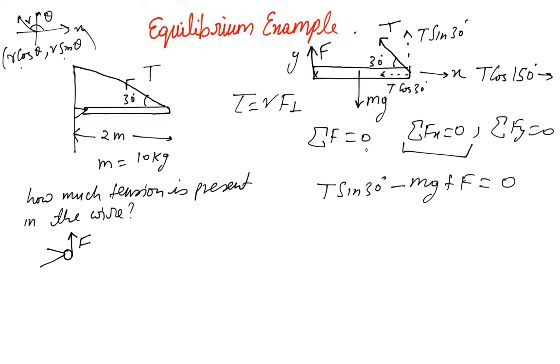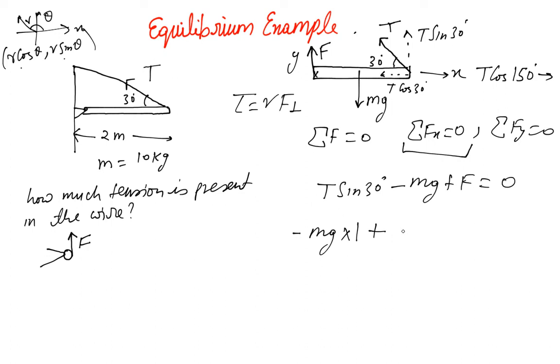How about this mass? Now this mass is going to rotate the beam clockwise. If it's rotating the beam clockwise, then if you curl your fingers around the direction of motion, the torque is pointing inside the screen. So you can write mg multiplied by 1 as the torque provided by this force, but with a negative sign, because it's going into the plane and we have assumed z to be coming out of the plane, plus T sine 30.